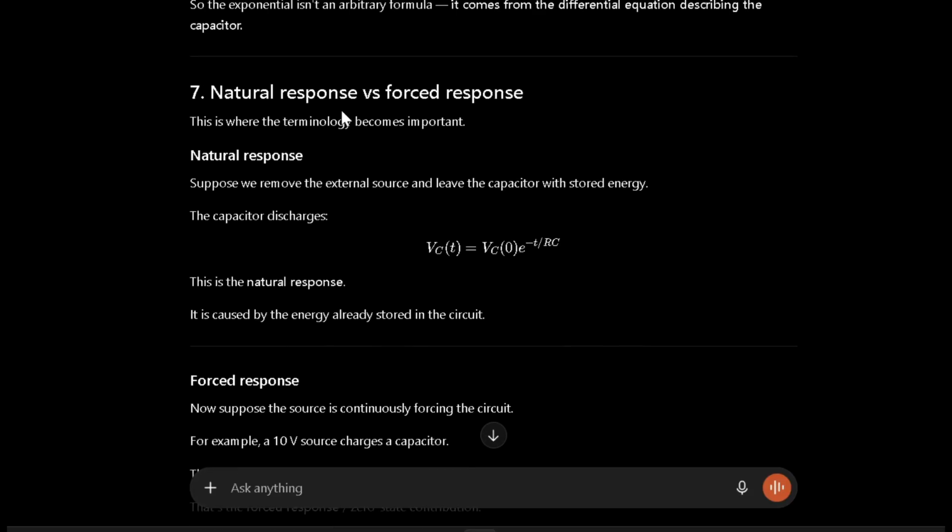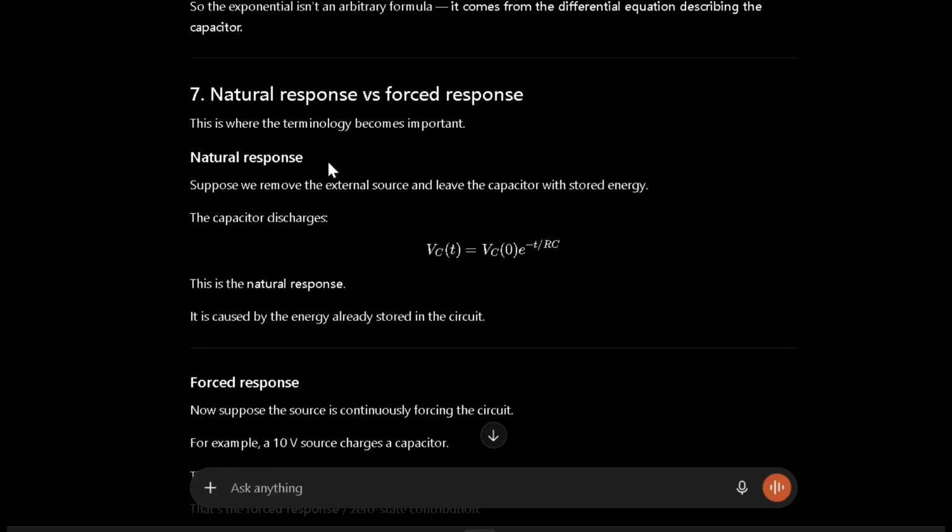So what is natural response and forced response? Natural response: suppose we remove the external source and leave the capacitor with stored energy. The capacitor discharges: Vc of t equals V0 e power minus t by RC. This is the natural response.